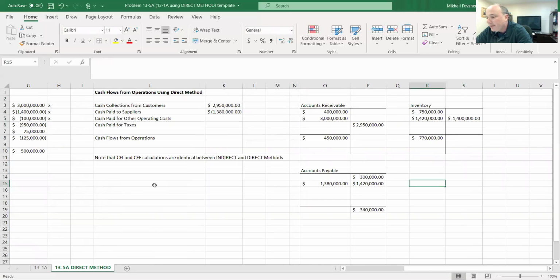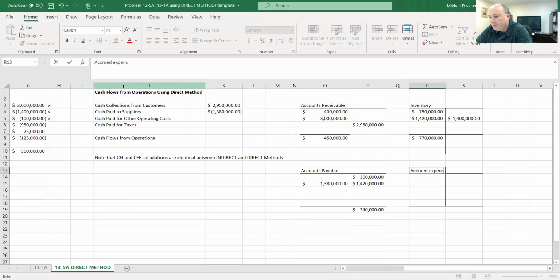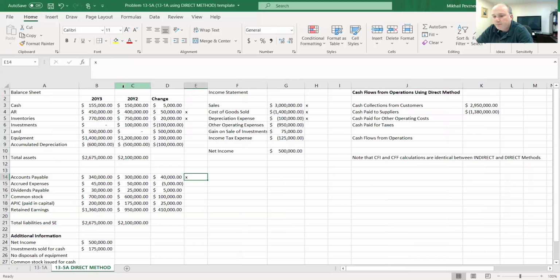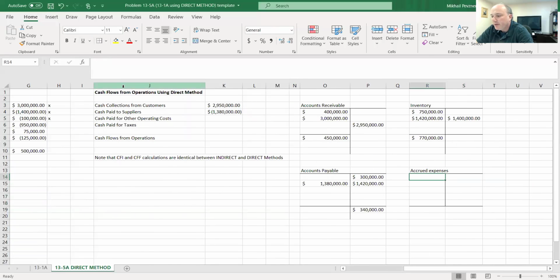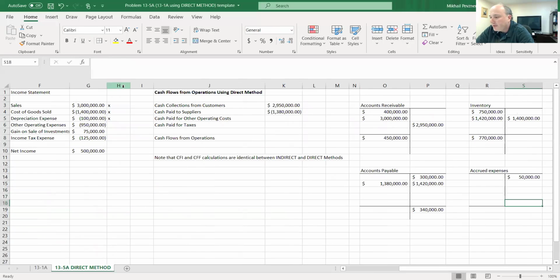So I'm going to create an accrued expenses T account. So my beginning balance in that account is 50, ending is 45.